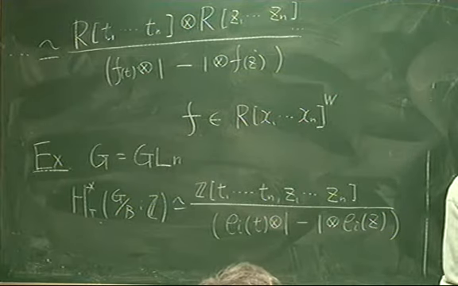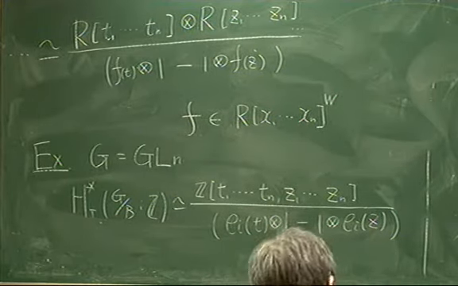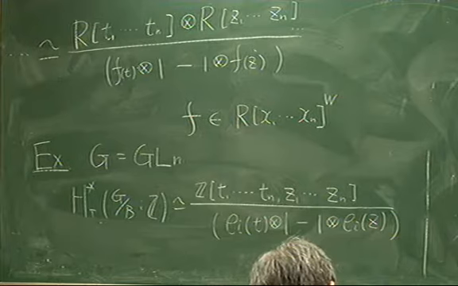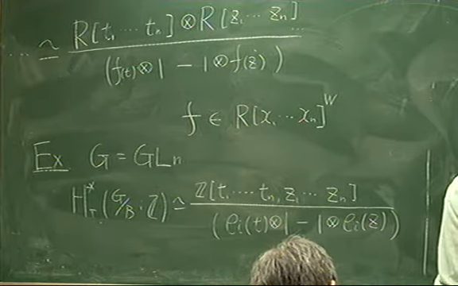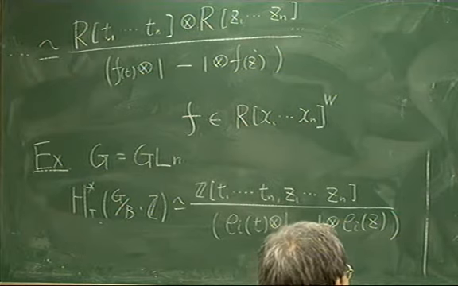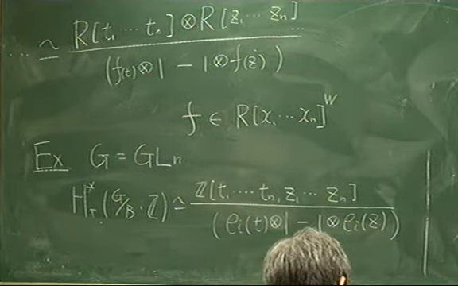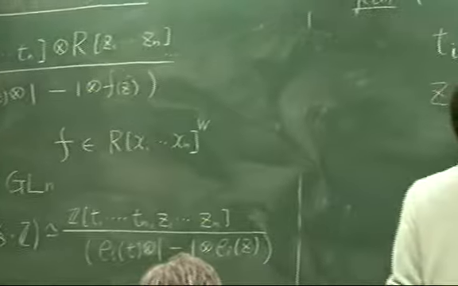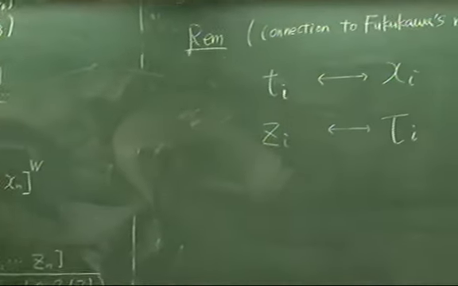This T generator corresponds to the X generator in Fukuoka-san's notation, and the Z variables correspond to the tau variables in Fukuoka-san's notation.